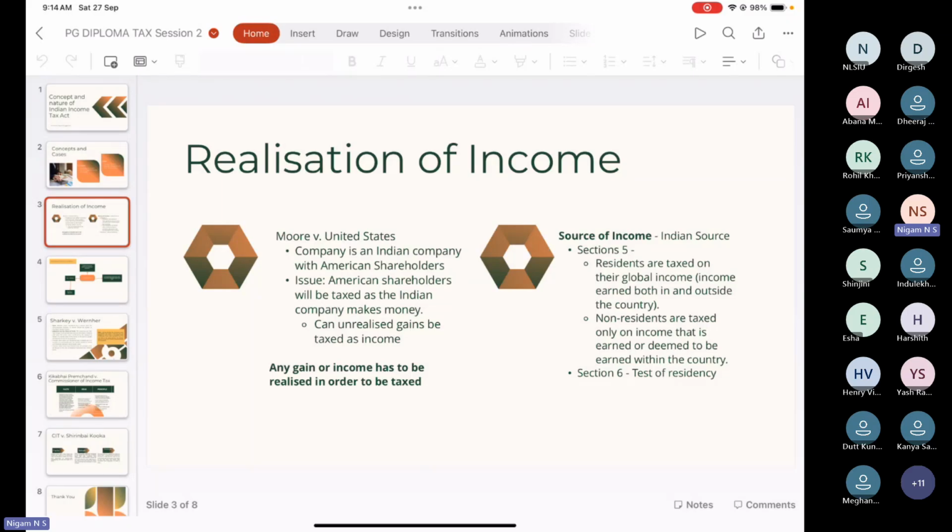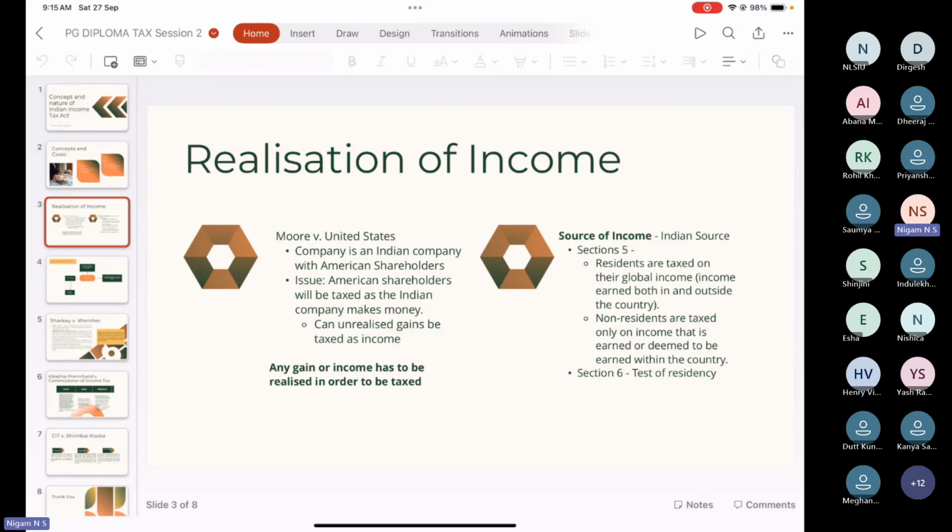And of course, what we mean by realization of income has to be earned, and what we mean by earning or realization are things that are brought out later on in the scheduler system, where each of these incomes are calculated under various heads like salaries, income from house property, capital gains, income from other sources, income from business, etc.